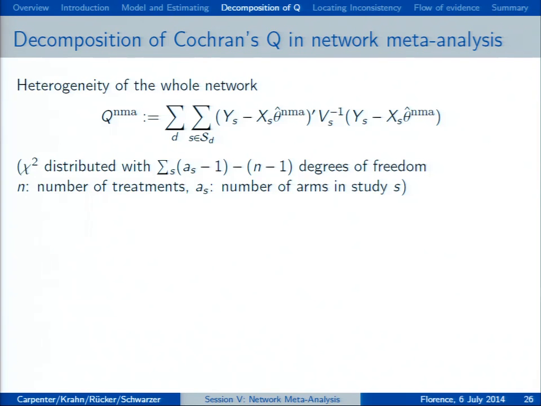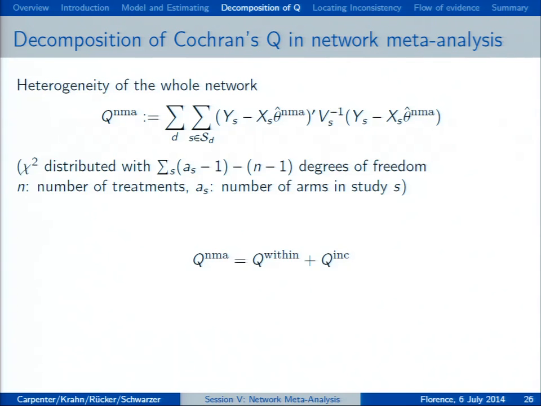And this Q statistic is chi-square distributed with degrees of freedom equal to the sum over all studies of the number of arms in this study minus 1, minus n minus 1, where n is the number of treatments, and a_s is the number of arms in study s. In the first version of the slides, there was a minor typo here. So note, this should be a subscript s on your slide.